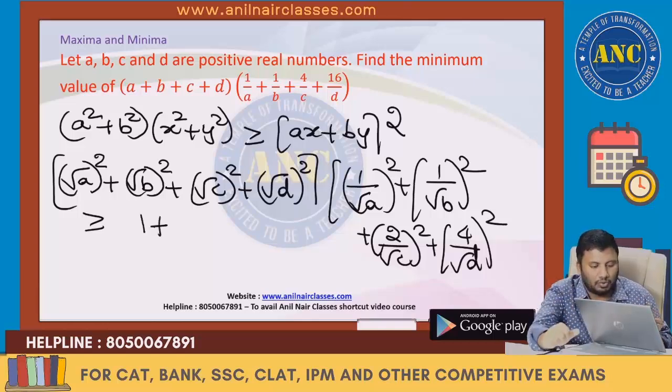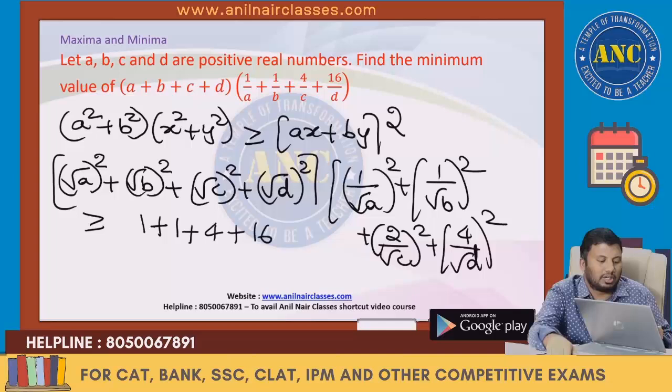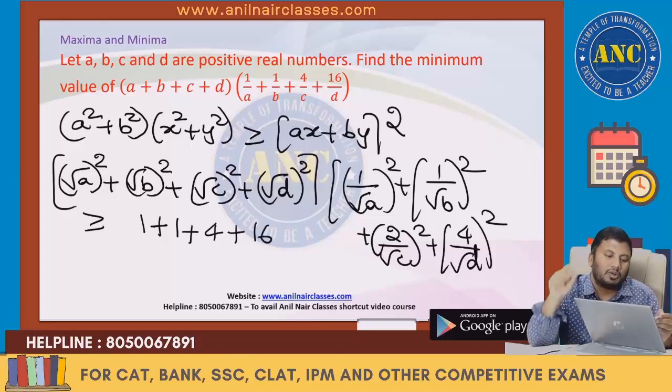Root b into 1 by root b, it is nothing but 1. Root c, it is nothing but 4. Root d into 16 by 2, it is nothing but 2. I hope it is clear.